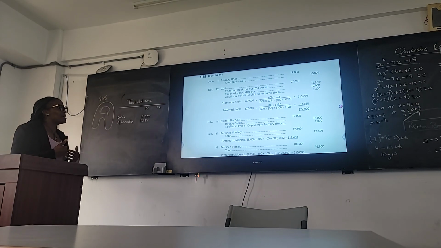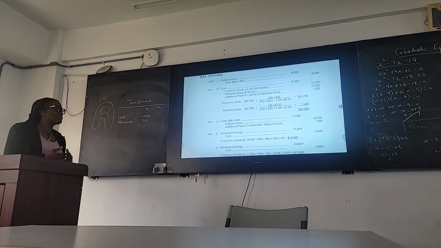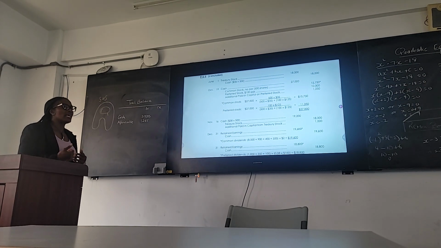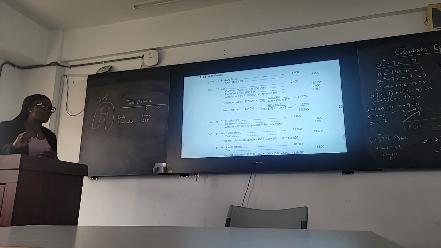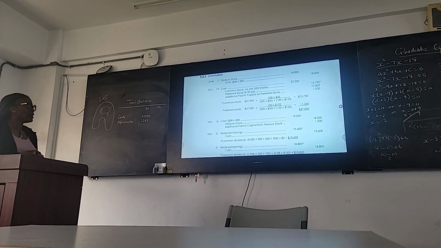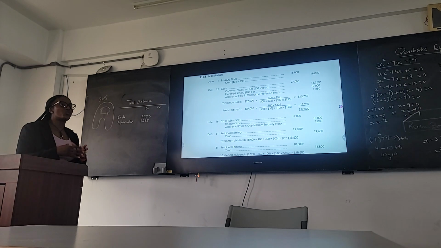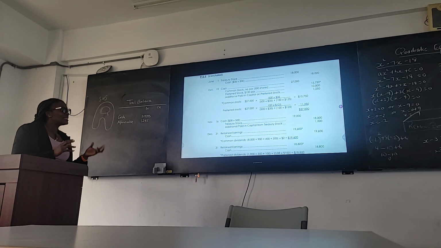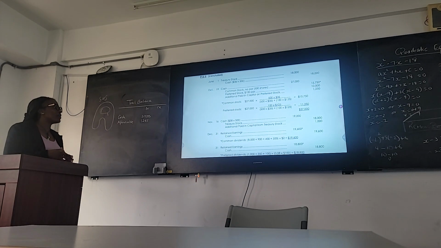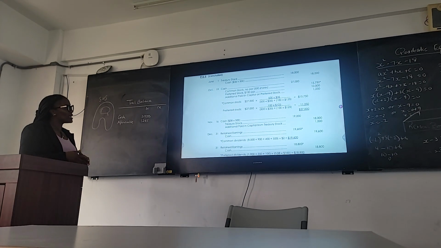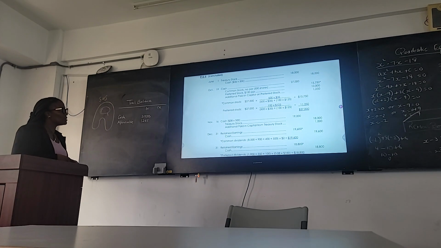But we reclaimed them at what? $36. So 36 times 500 is 18,000. That's the amount that we're going to reduce the treasury stock by. So therefore, the difference between 38 and 36 is $2. So 2 times 500 is 1,000. That's the amount we're going to reduce the additional paid-in capital from treasury stock.